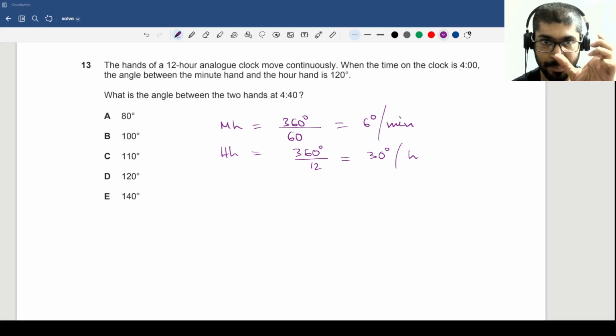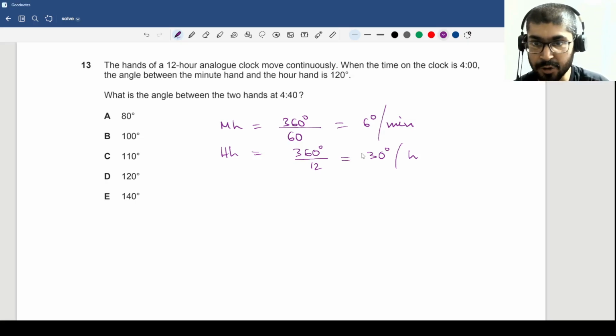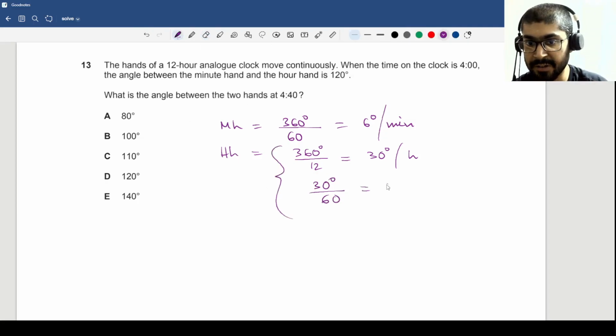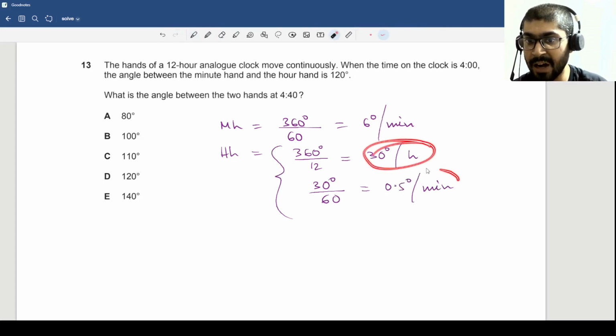That is why the phrase was given in the question: the hands of a 12-hour analog clock move continuously. So the hour hand moves 30 degrees an hour, which means it moves 30 degrees divided by 60, which is 0.5 degrees per minute.